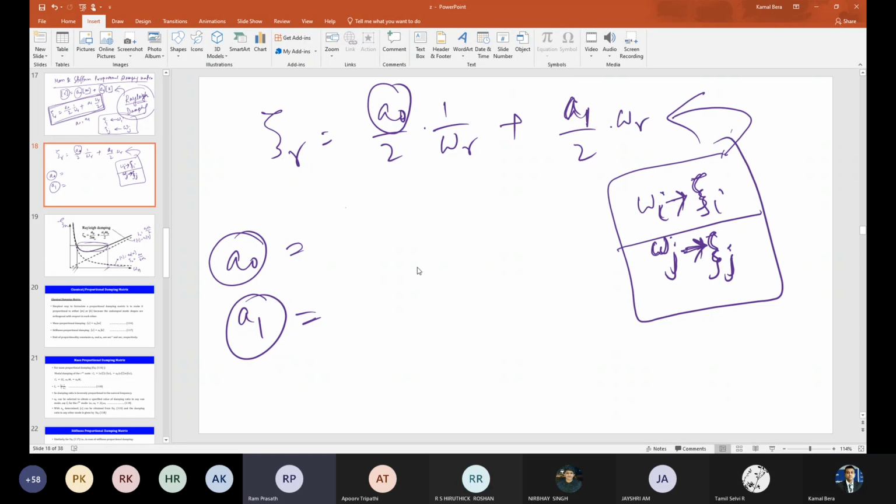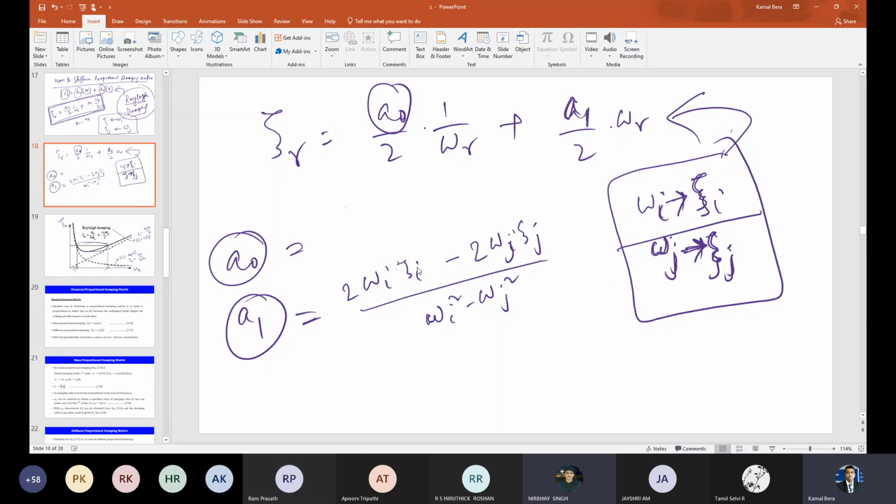Yes, sir, I found A1 as 2 into omega i zeta i minus 2 into omega j zeta j, by omega i square minus omega j square. That is what, right? Yes, sir.